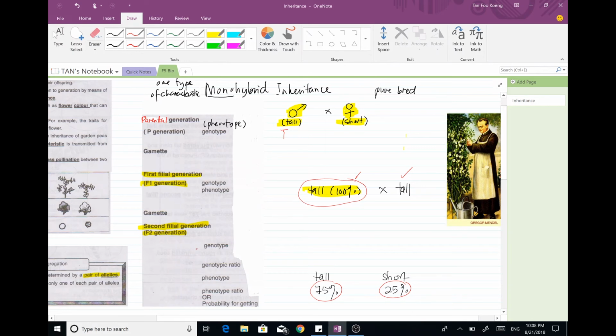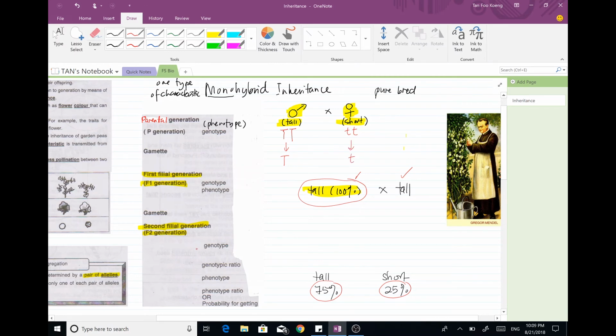Since it is a pure breeding tall plant, both of the alleles must be capital T. And what about the female plant? Since it is a pure breeding short plant, it must have both recessive alleles. And according to Mendel, during the formation of gametes, the gamete can only get either one of the pair of alleles. So same as this.